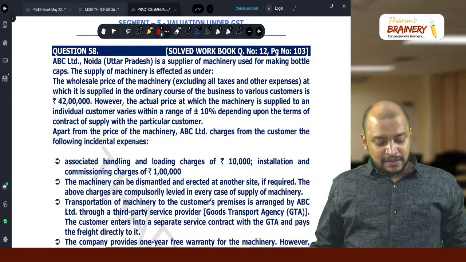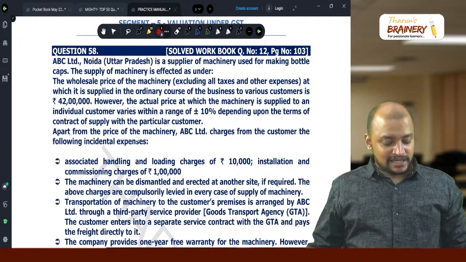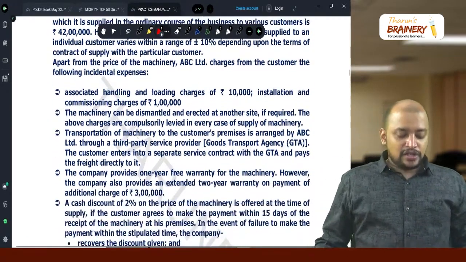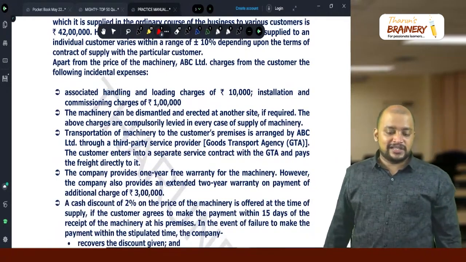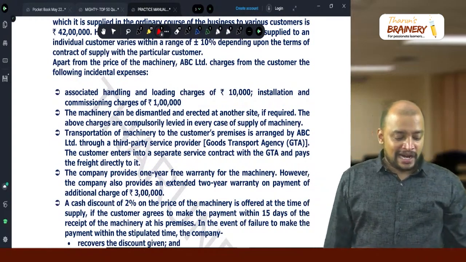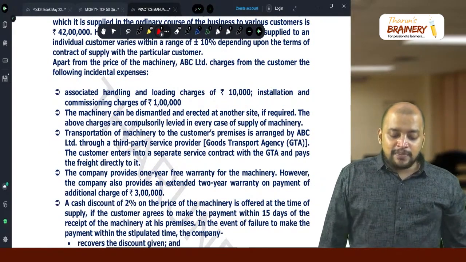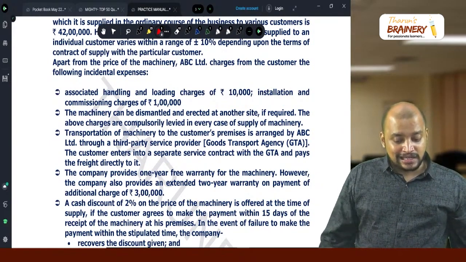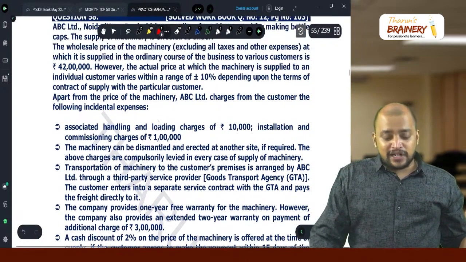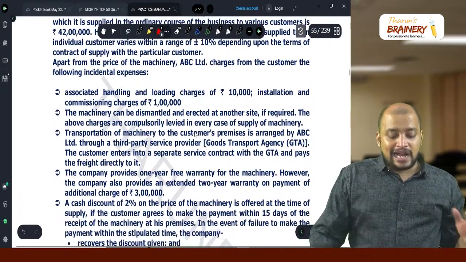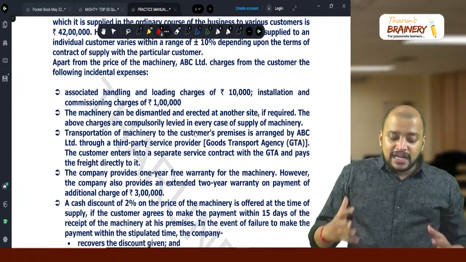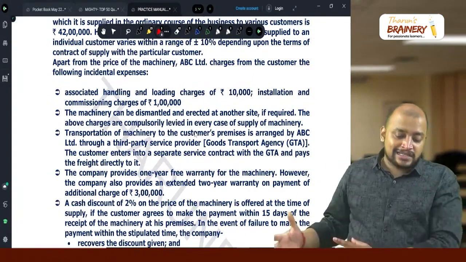Apart from the price of the machinery, ABC Limited charges from the customer the following incidental expenses: associated handling and loading charges of 10,000, installation and commissioning charges of 1 lakh, and the machinery can be dismantled and erected at another site if required. So, apart from the price, what they will be charging are associated handling and loading 10,000, installation and commissioning 1 lakh. The machinery can be dismantled and erected at another site if required.